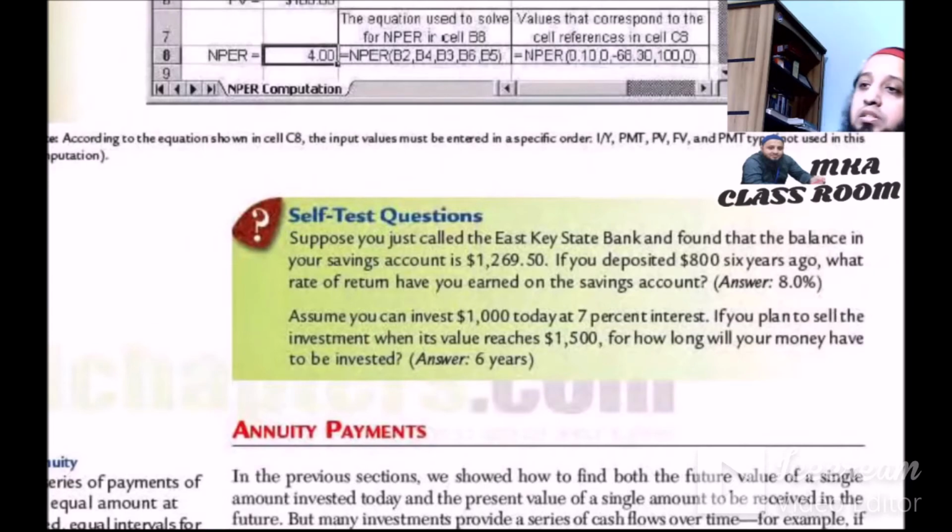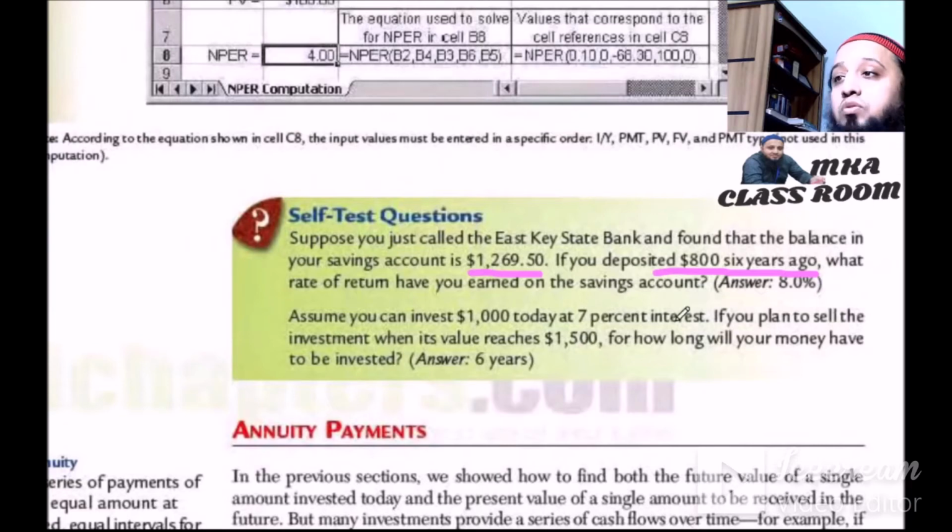Here I say it. You have deposited 800 taka 6 years ago and your 800 taka turned into 1269.50 taka in 6 years.